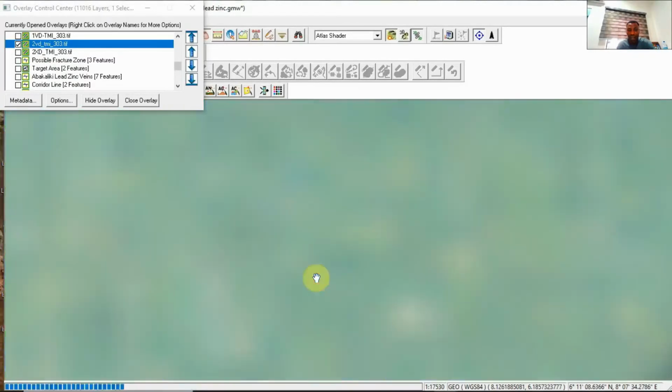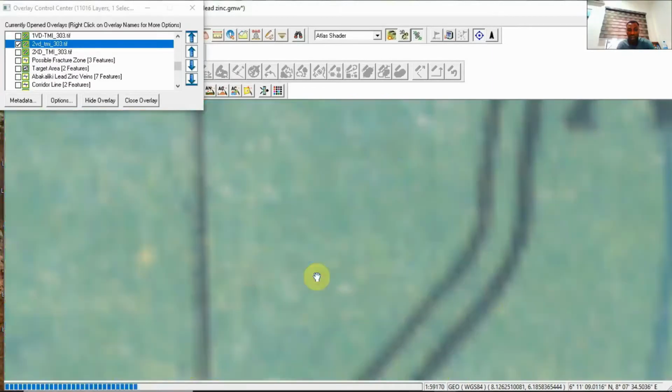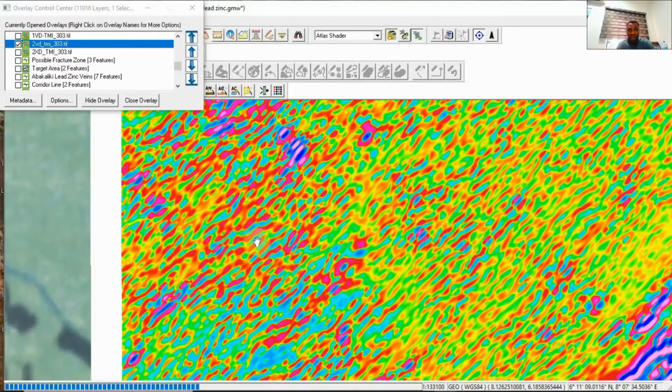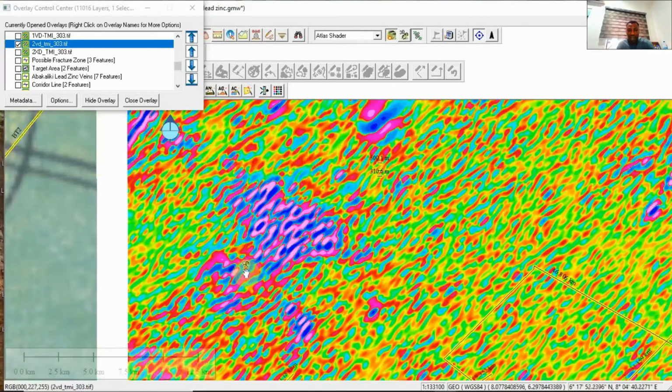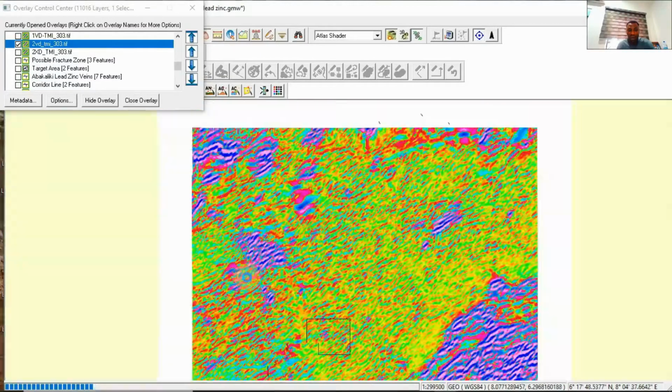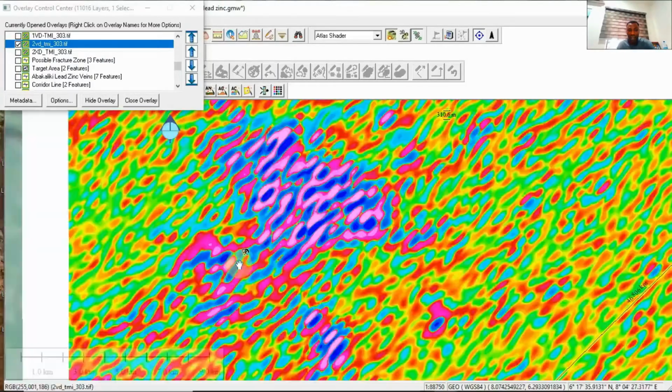Let's detail in to some areas also where we'll have some interesting mines. This is another area where we have one of the big mines. You can see a very distinctive rock unit here.